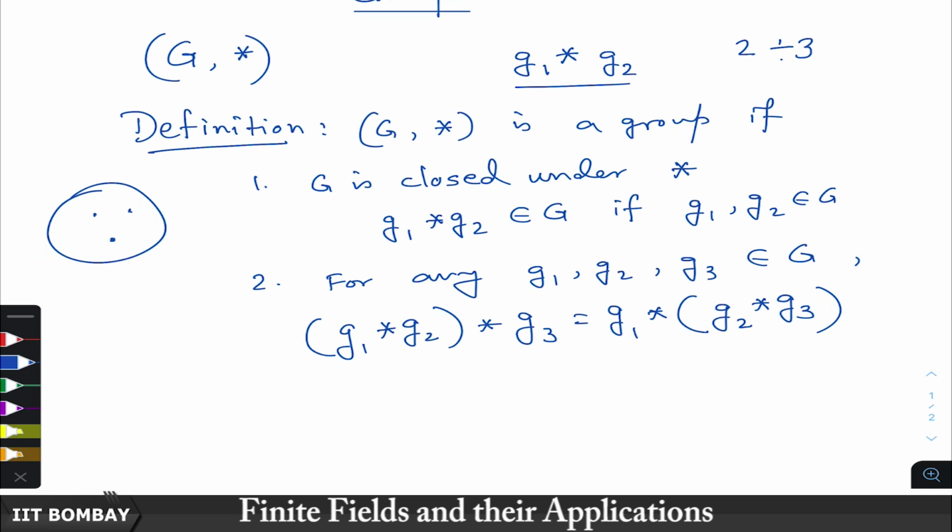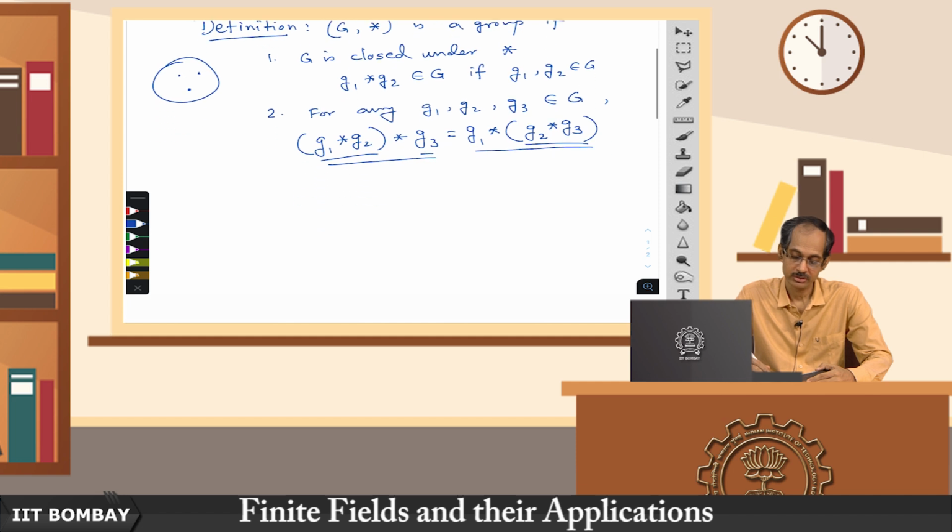Note that the order of G1, G2, G3 is the same on both sides, but the order in which we take the operations is different. Here we first take the first two and then operate with G3. Here you first operate the second and third and then operate with G1. They should be the same. This is called the associativity property.